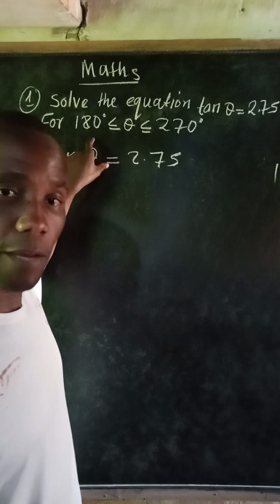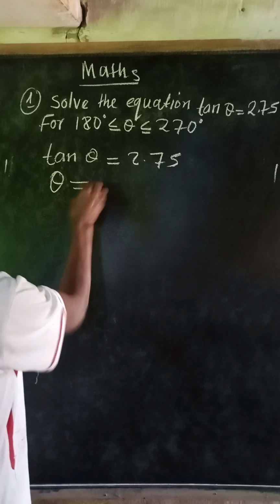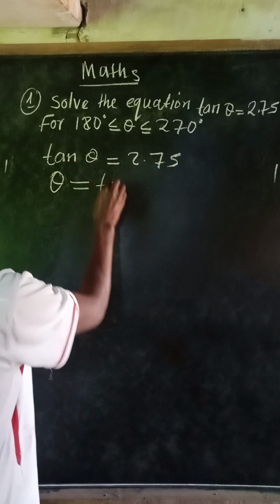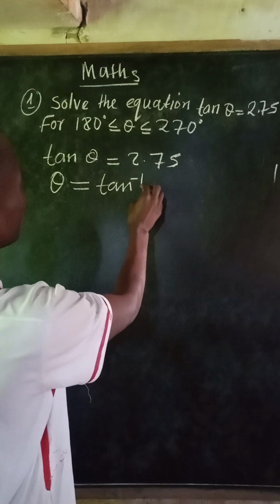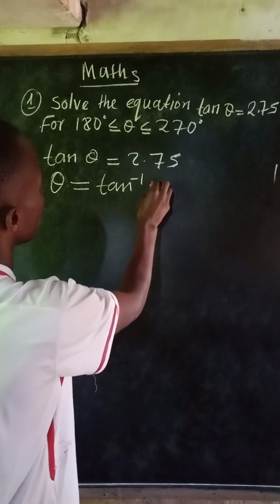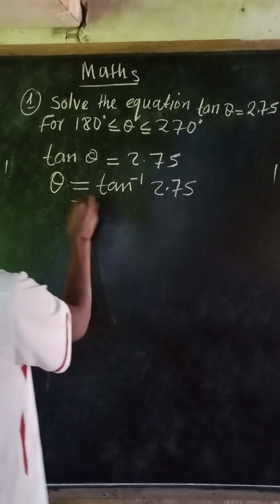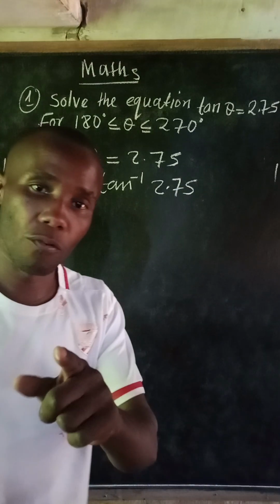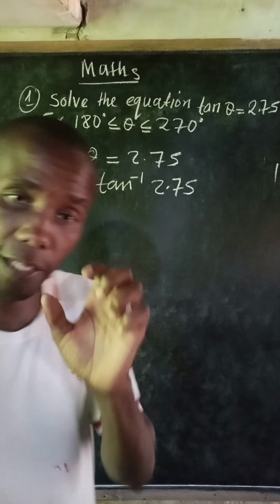So what do I mean? You are going to write like this: theta equals tan inverse 2.75. For you to have tan inverse, you need to go on your calculator.